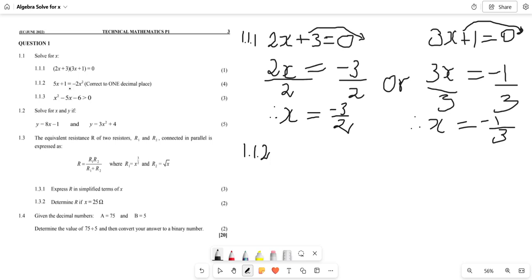Then the first step that we need to undertake is to make sure that we have the standard form of ax squared plus bx plus c, that is equal to 0.